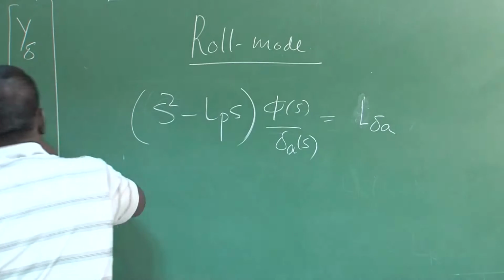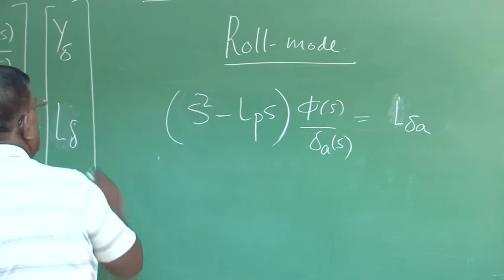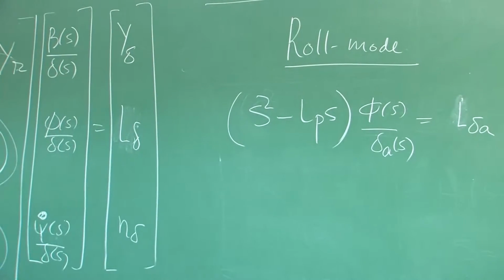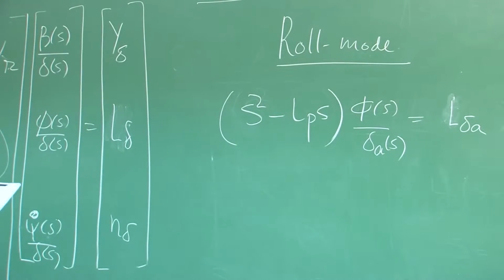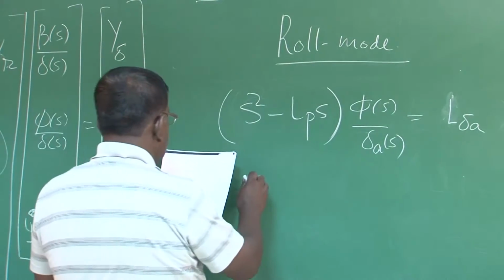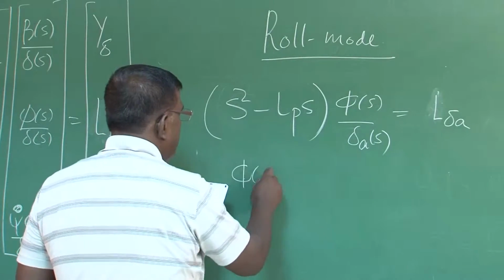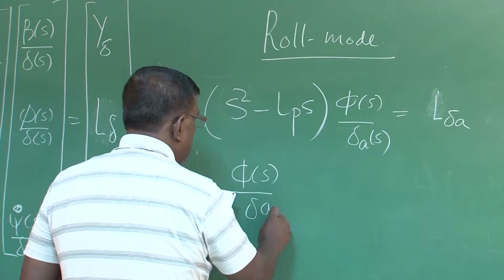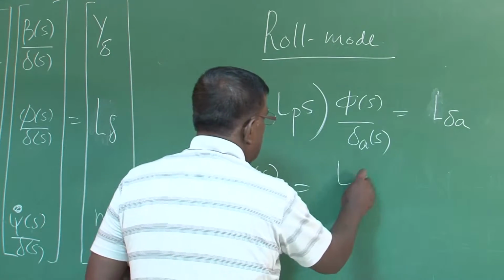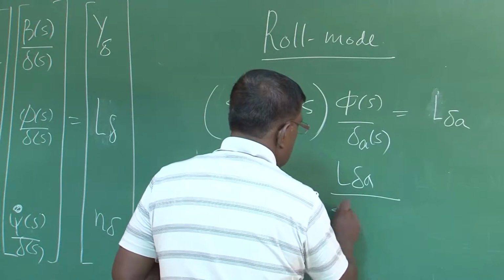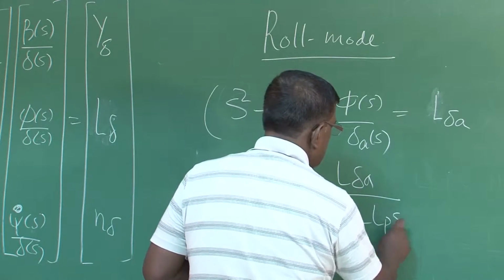I can write capital for clarity, L_delta_A. Now if you see carefully, I can easily write phi of s by delta_A of s is equal to L_delta_A by s squared minus L_p s.